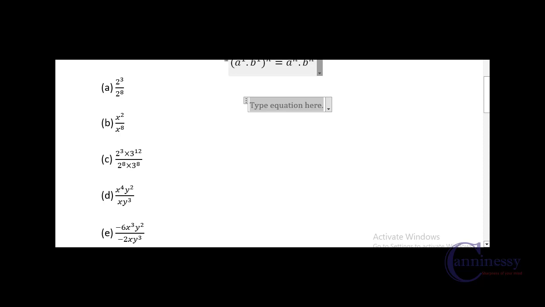Here the base is going to be 2. Remember, we take a single base. You can see that here we're going to apply the second law because there's a division here. So we're going to apply the second law of division.